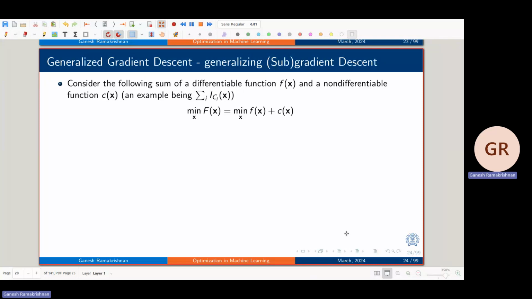Perhaps smooth and strongly convex, both. Okay, so is there something we can do? Any thoughts?